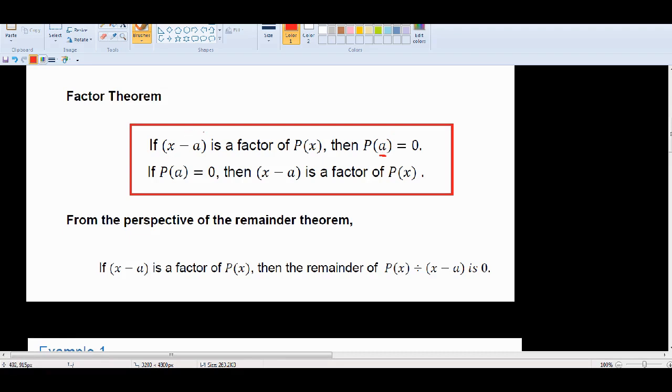So the trick is when we consider x minus a equals 0, that's x equals a, and you put that a into the polynomial, it becomes 0. On the other hand, if you get a number a and you find that P(a) equals 0, then you will know x minus a is a factor. So it can go both ways.